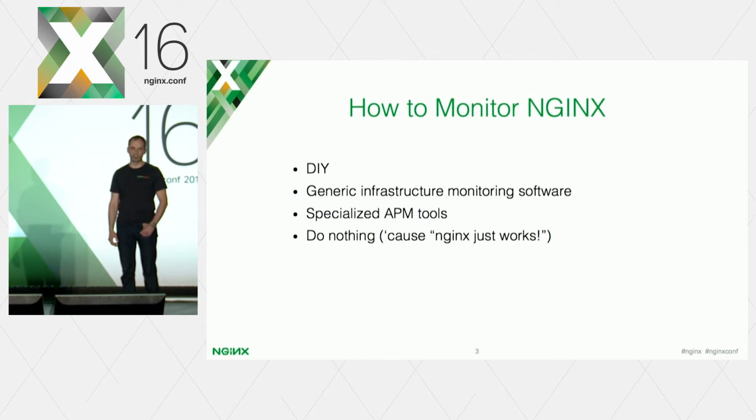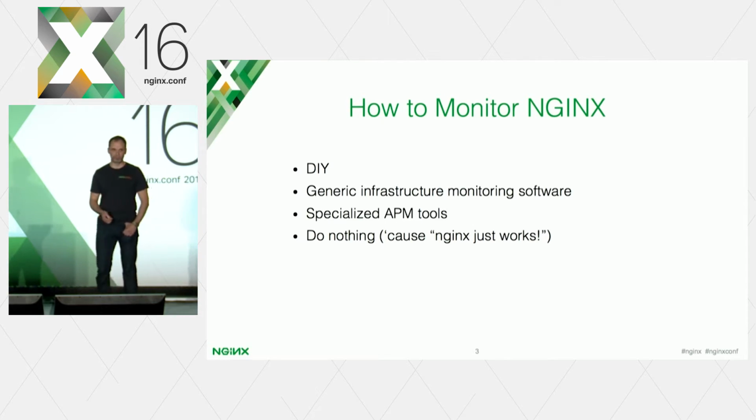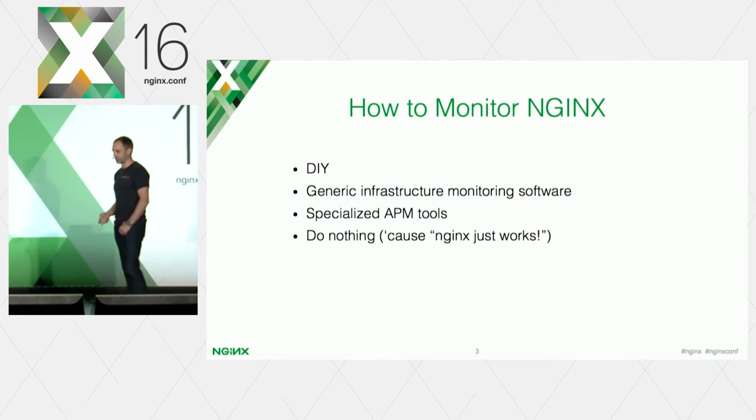And then there are certainly a lot of monitoring solutions out there on the market, which are more generic monitoring solutions that also have plugins for NGINX. And a lot of these tools work great. More on that later. But obviously the other thing is that you can do nothing, hoping that NGINX just works, as many people would say sometimes. And while it's true that NGINX just works, I wouldn't really recommend this strategy, so you should really monitor it somehow.